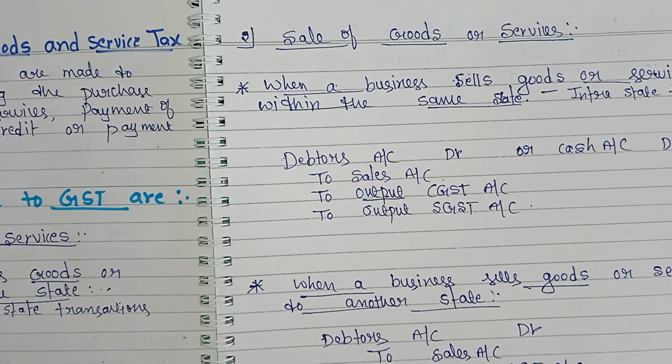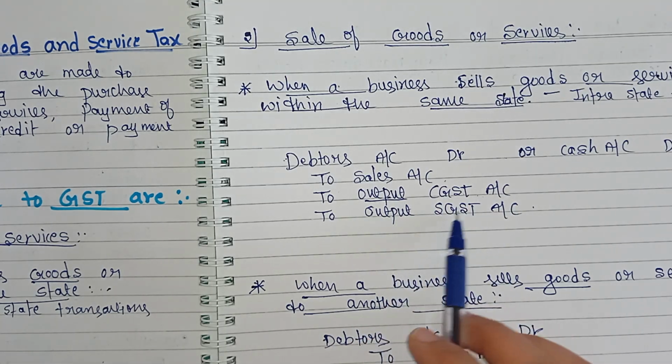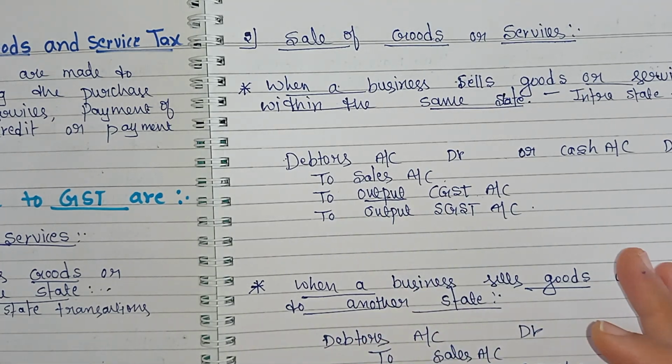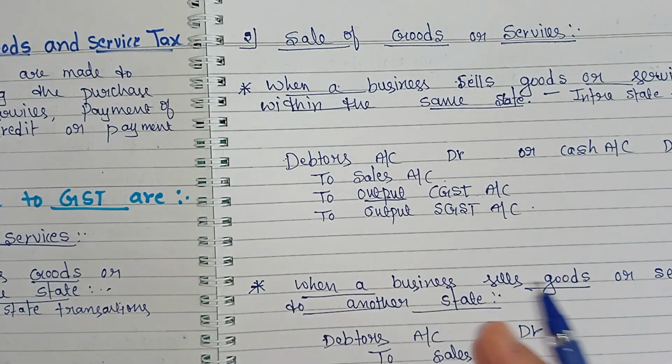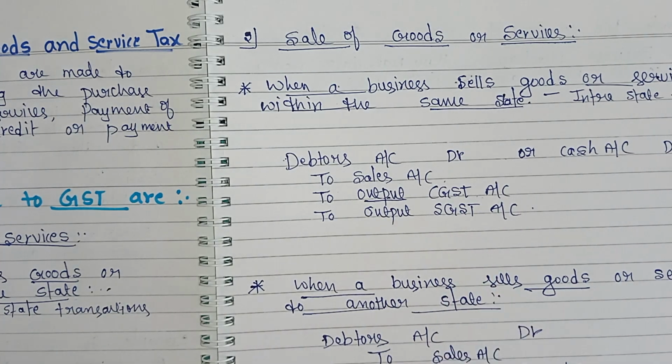For purchase, the input CGST and input SGST are debited, and in sale of goods or services, the output CGST and output SGST accounts are credited. So, this is the entry.